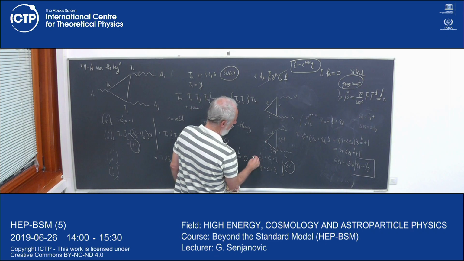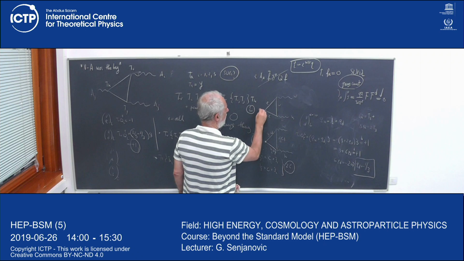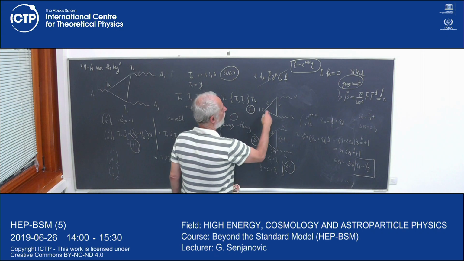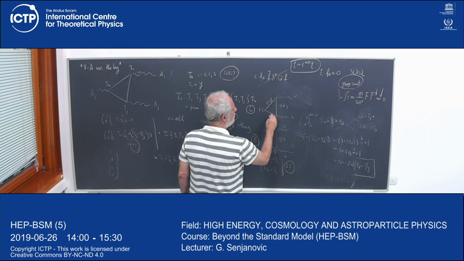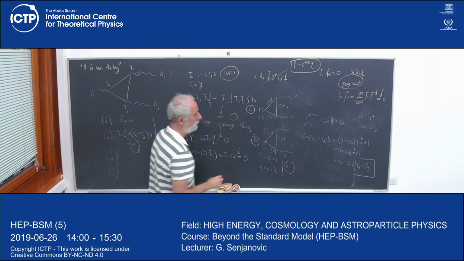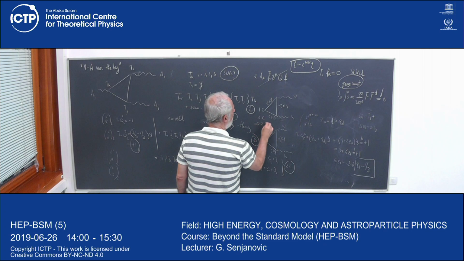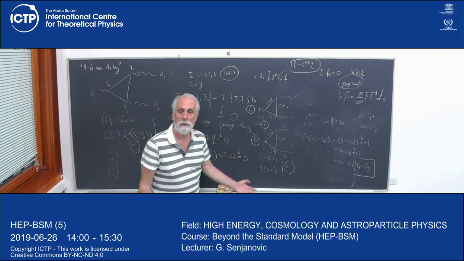So this was the baryon number anomaly. The lepton number anomaly is 1 times C for this diagram, no color. But I can also put the neutrino in the loop. That will also be 1C. So notice that the lepton number anomaly is 2C. There is a non-vanishing anomaly.